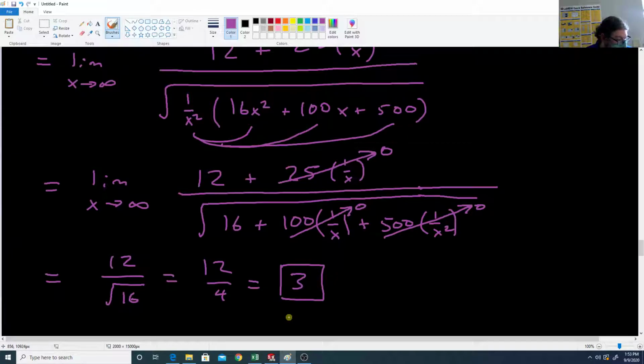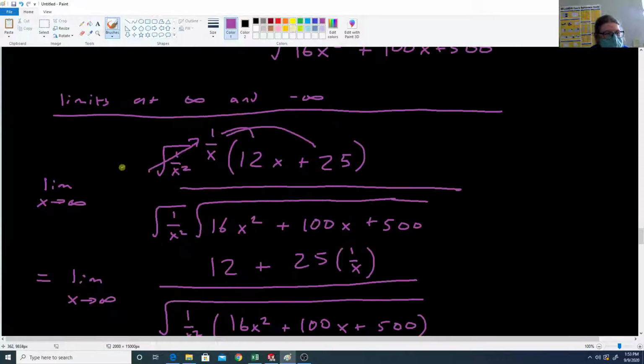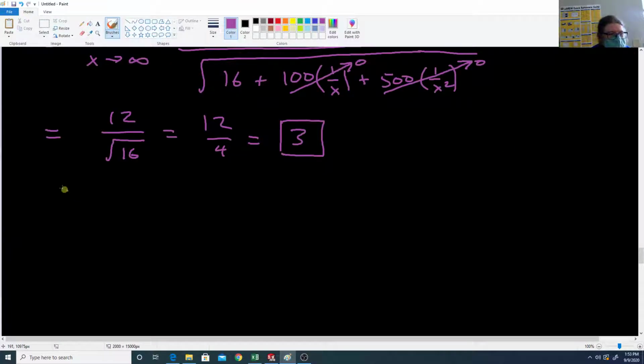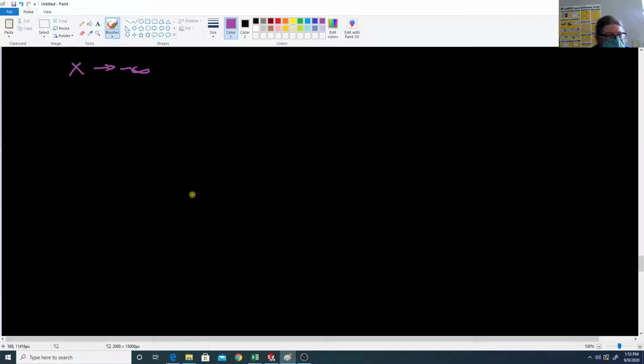Now, the problem is that this was x going to positive infinity, and everything worked out nicely. Let's look at x going to negative infinity. So what about the case when we look at the limit as x goes to negative infinity?